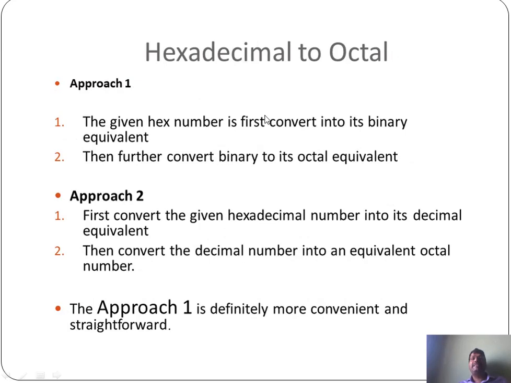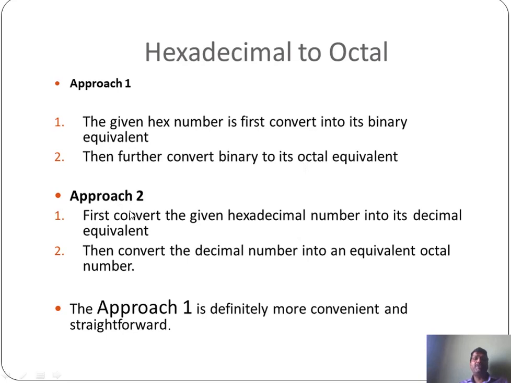Now hexadecimal to octal. Again, there are two approaches or two methods, which are combinations of previous methods, to get hex to octal. One approach is to convert the hex number into binary, as we have just seen, and then convert binary to octal. Already we have seen how to convert binary to octal: make groups of 3.